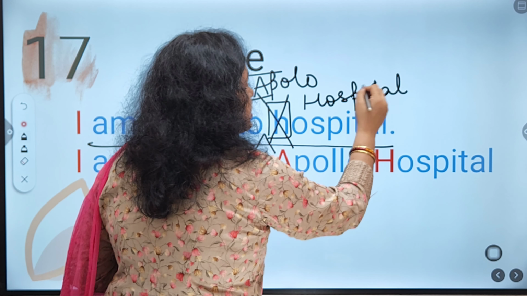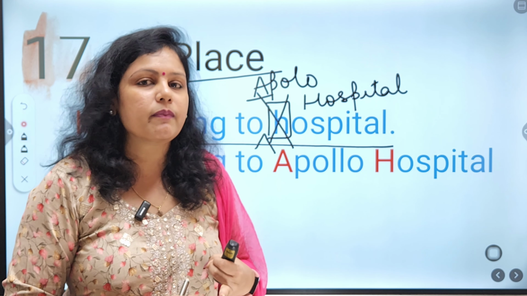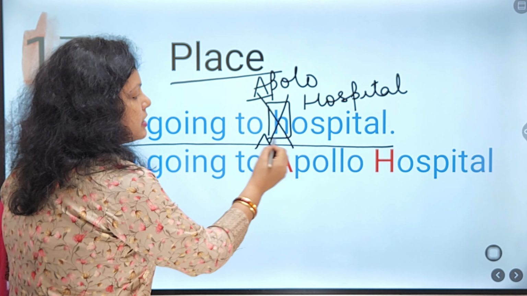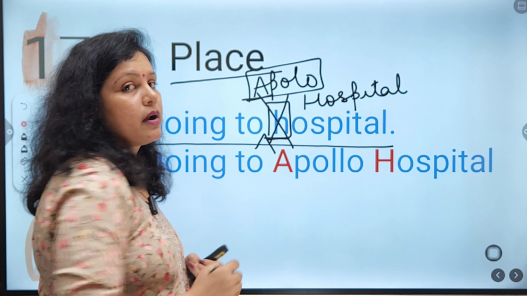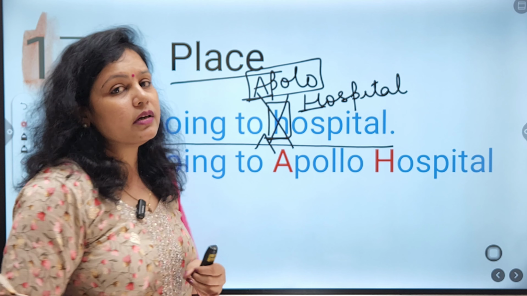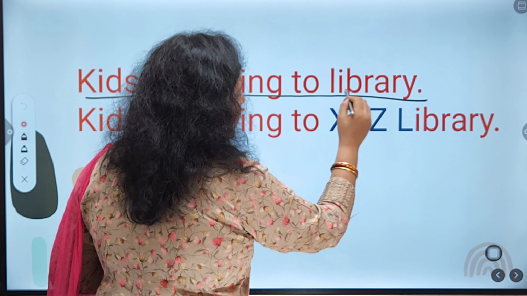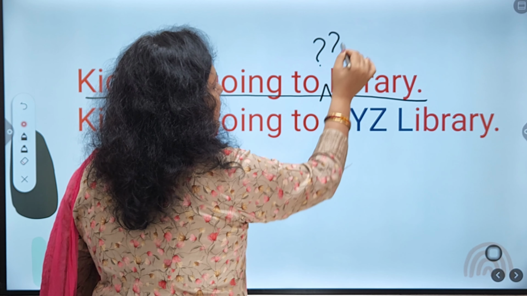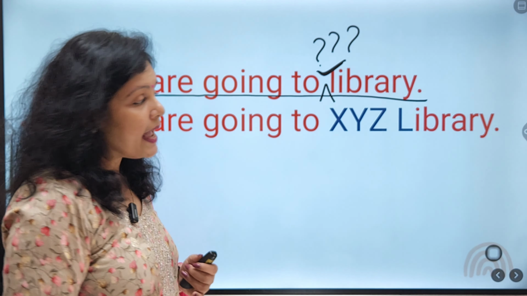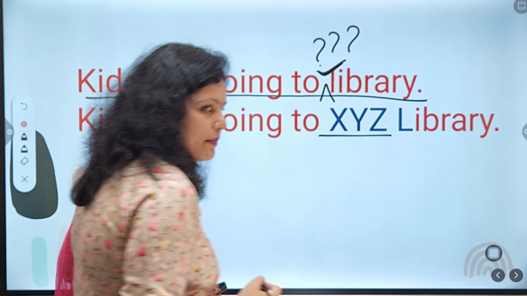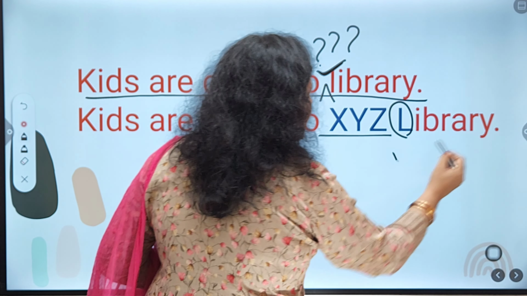So please remember this. If you are using a place which doesn't have a name, you are not mentioning the name, it will be in the smaller letter. But if you are using the name of the hospital, then H will also become a capital letter, like here, Apollo Hospital. Kids are going to the library. Here we don't have the name of the library, therefore the letter L is okay in its smaller format. But if I'm talking about XYZ Library, any particular library, then this L will also get capitalized.